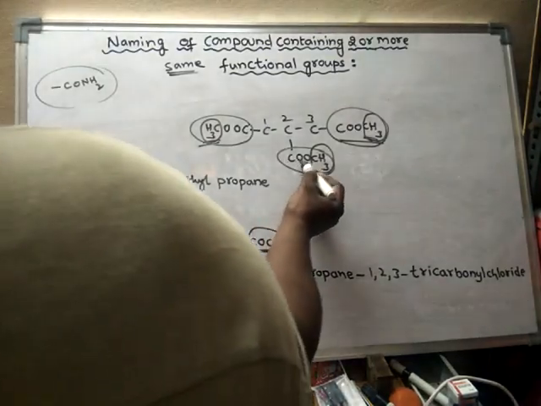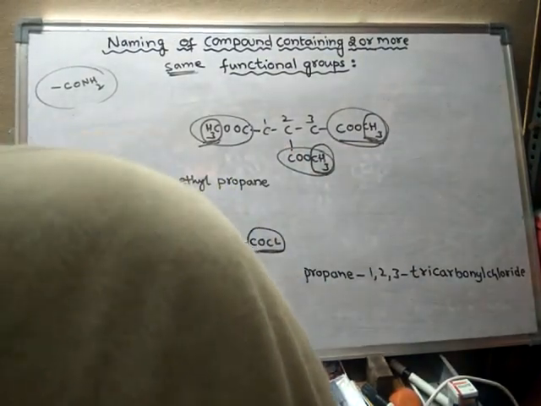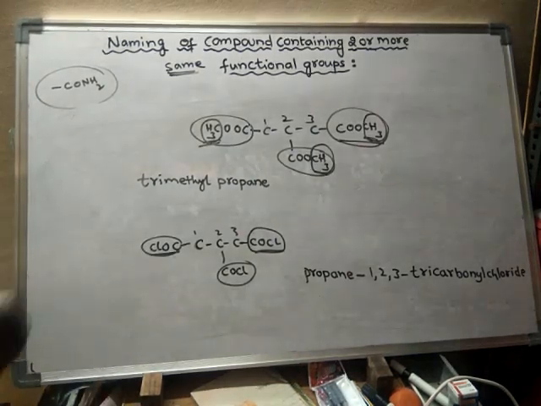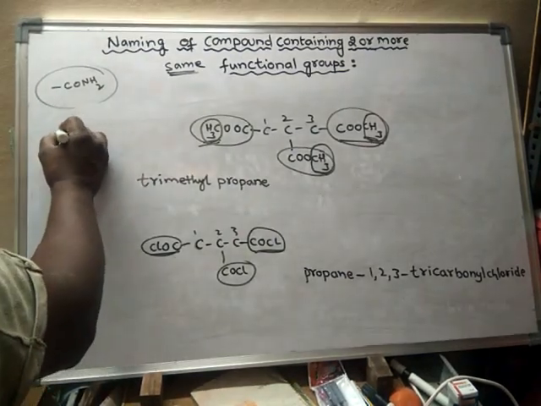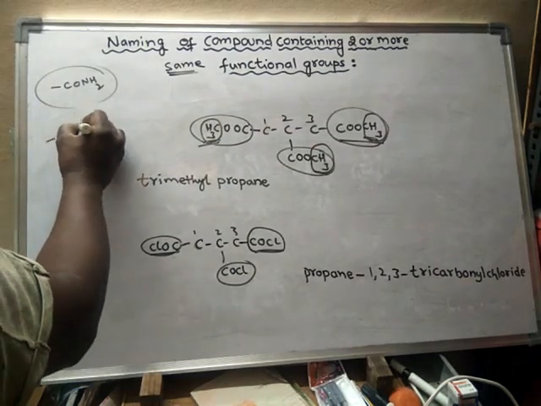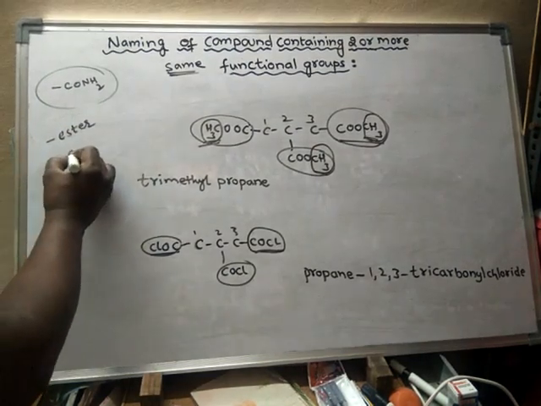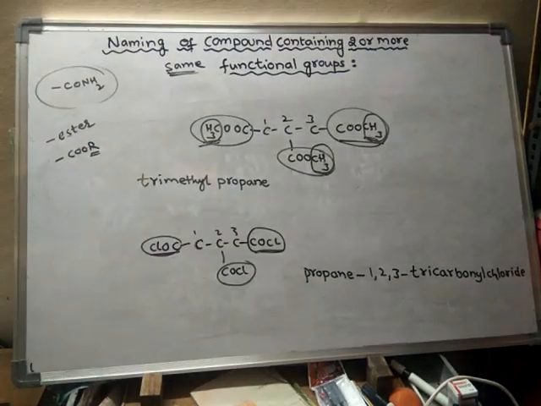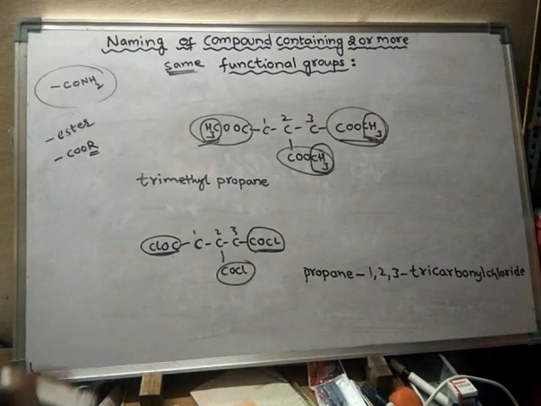So now these ester groups. Ester groups means carboxylate. So we generally call it carboxylate. What is ester? If it is COOR, R means an alkyl group, maybe methyl or ethyl or propyl, anything.